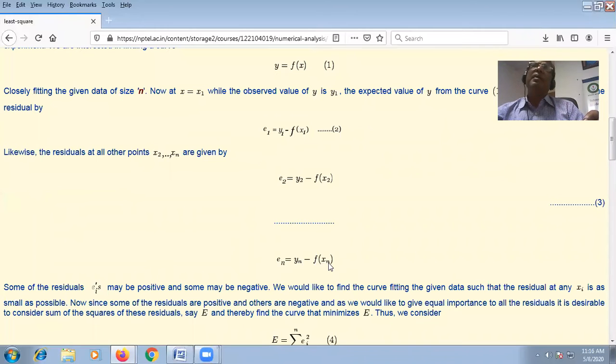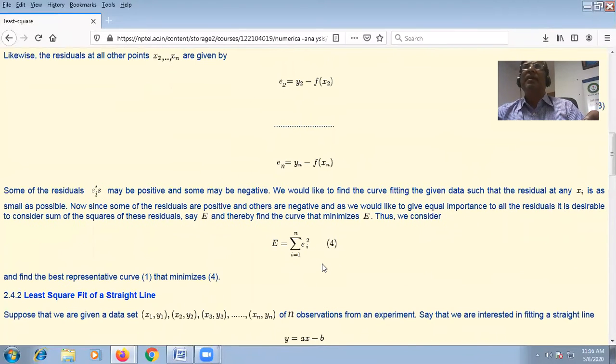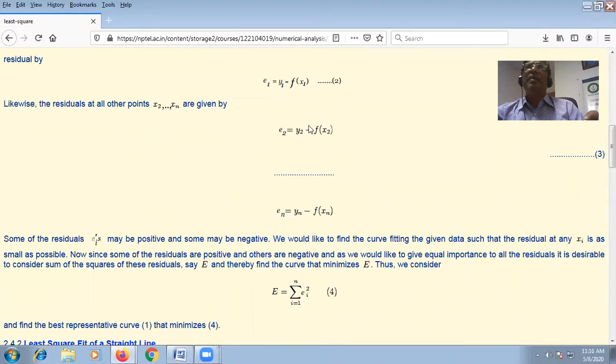Now, if I tell you to square this value, square this value, and square this value, and then add, then the addition of all these values may be written in the form of summation as e1 square plus e2 square plus e3 square plus e4 square plus en square, like this: the sum of ei square, where i varies from 1 to n under the sign sigma.